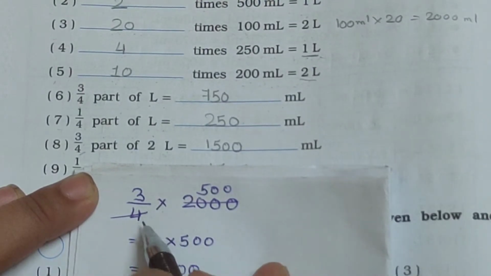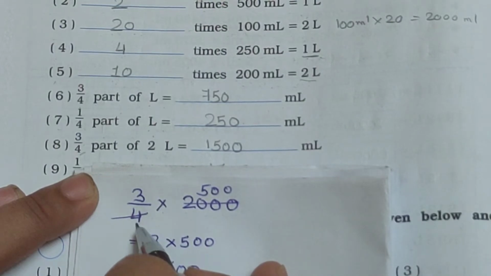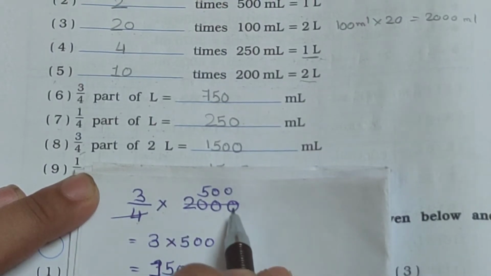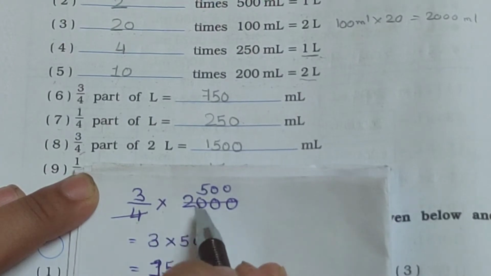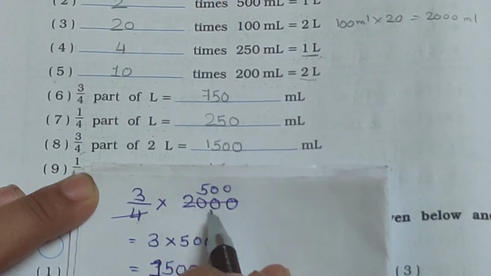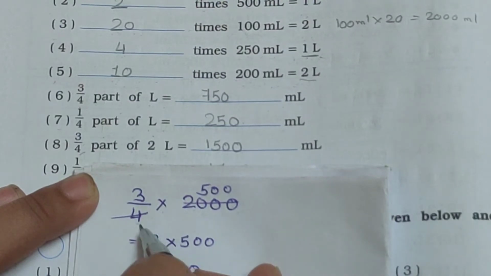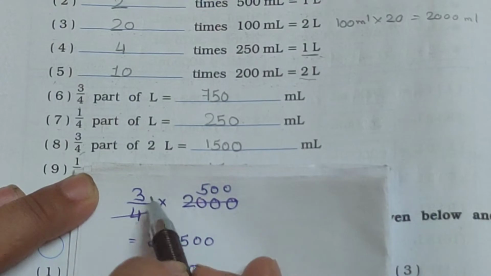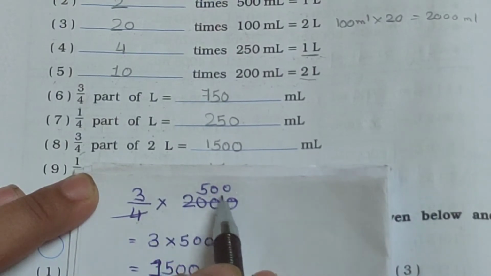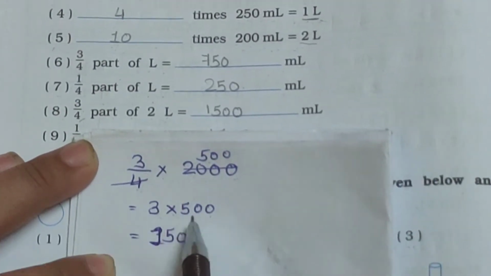Okay. Now here 4 is there, here 2000 is there. So of course 4 multiplied by 500, then we get the 2000. Okay, so 4 500s are 2000. Now what's remaining here? 3 multiplied by 500.